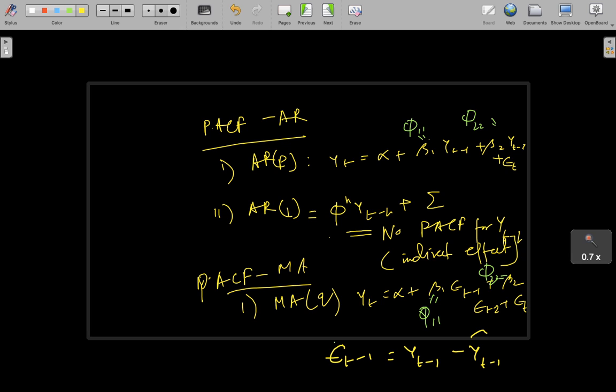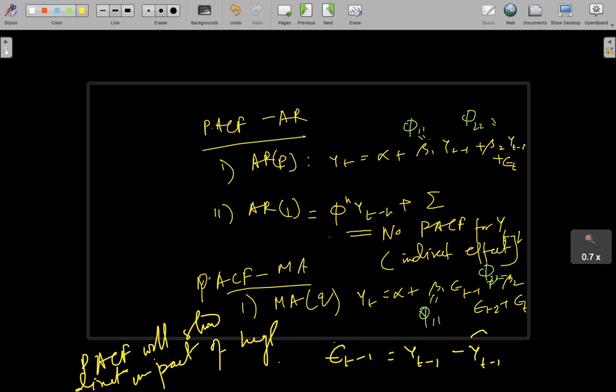So what happens in MA series, for example, if you remember our example of the ice cream seller, that person was computing the past period error terms, and has been doing it over a period of time, and all the past period errors are being taken into account when building the model. So that's what happens for MA series. The PACF will show the impact, or direct impact, of higher order lags.